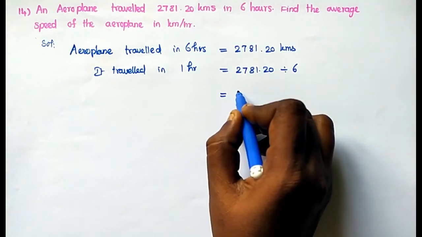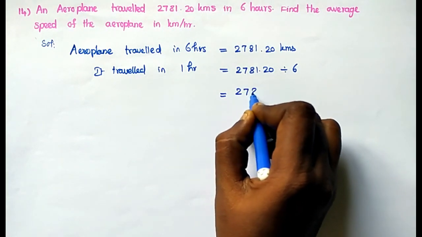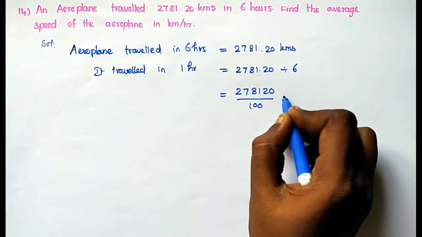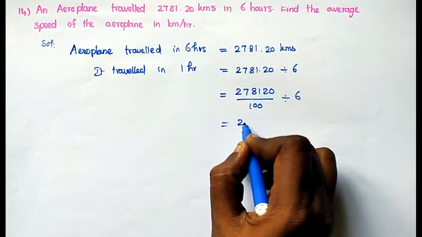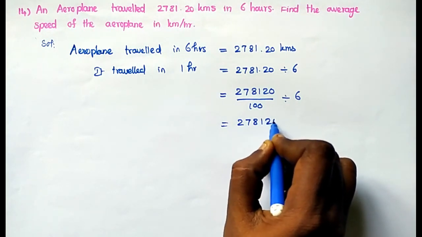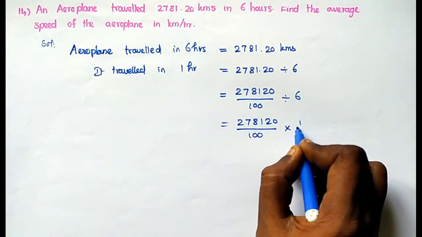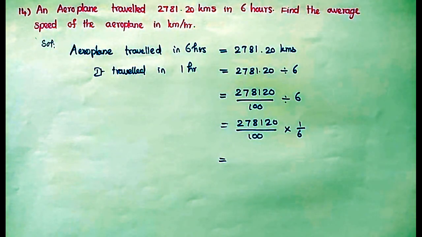Write in fraction form. 278120 divided by 100 divided by 6. 278120 divided by 100 into 1 by 6. Take reciprocal for that. Now cancellation.